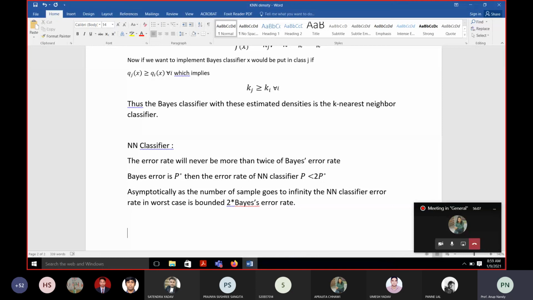If you manage to prove that the error rate of your designed classifier is less than twice the Bayes error rate, then obviously you could say that this classifier is an optimal classifier.